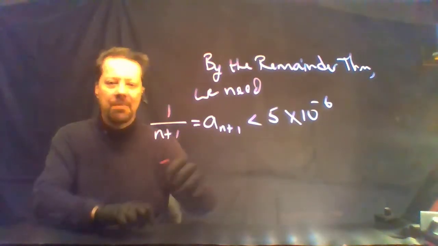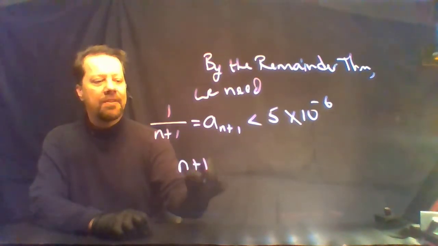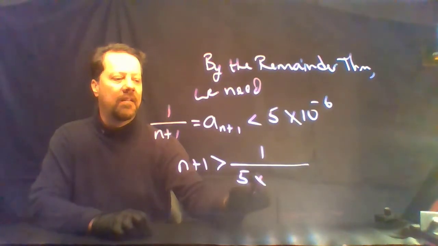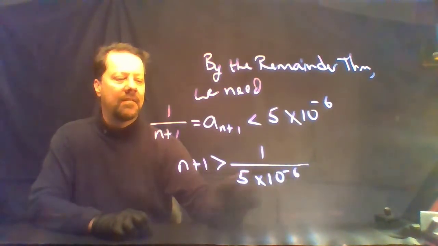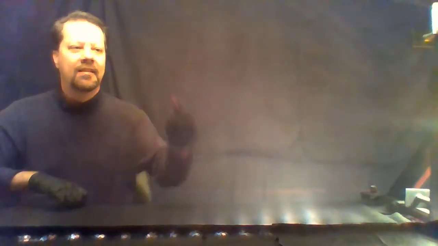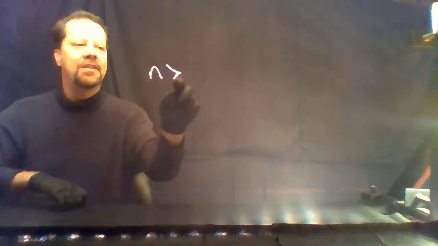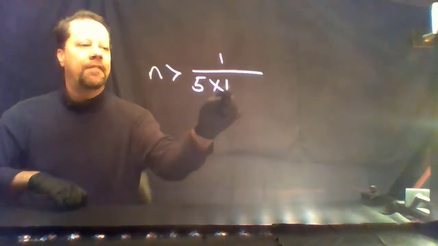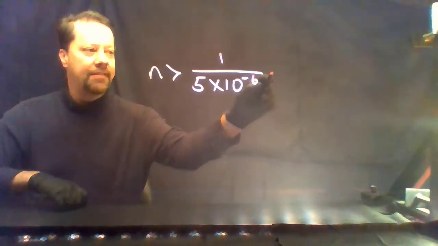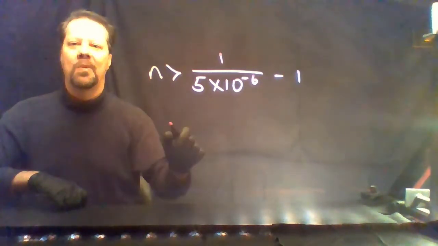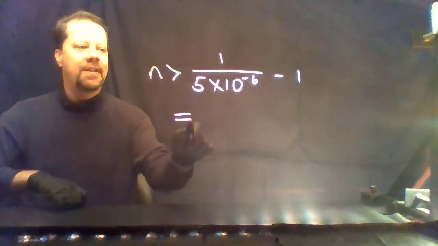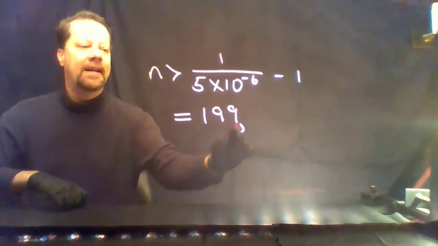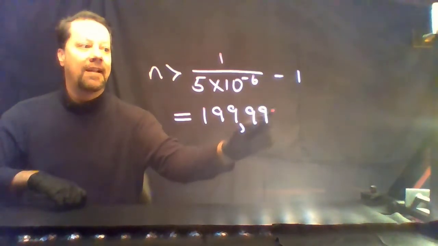Taking the reciprocal on both sides reverses the order of the inequality. And then we move. We have n is greater than 1 over 5 times 10 to the negative 6 minus 1. And if you run the numbers on that, that's equal to 199,999.